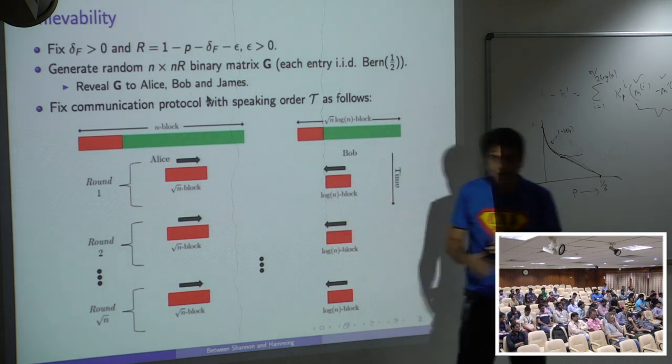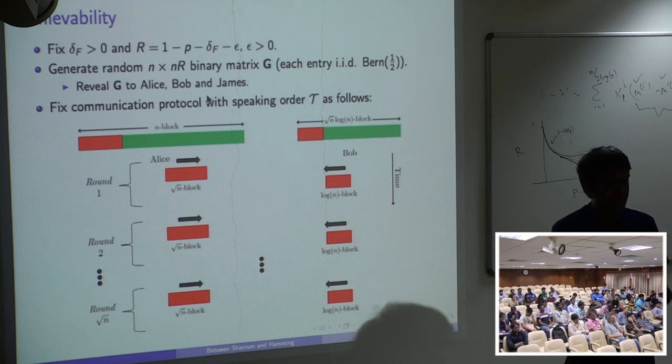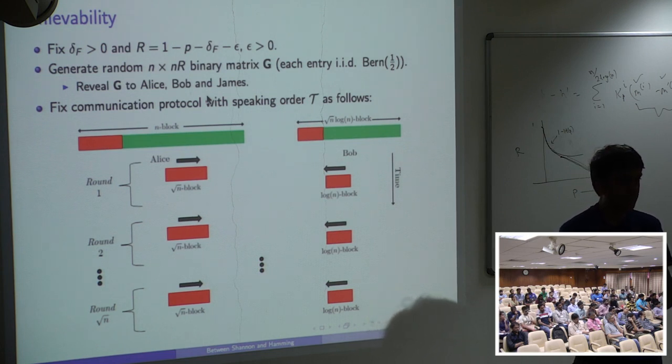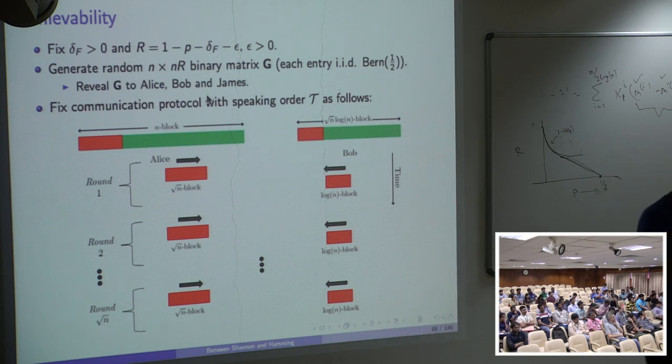Okay. Now, at a certain point in time, Bob will be able to list decode, right? He'll be able to list decode when the number of unerased bits to him is approximately equal to the number of message bits, because that's how list decoding works for erasures. When the number of unerased bits that you observe is roughly, up to this epsilon fudge factor, equal to the number of message bits, then you can hope to list decode.